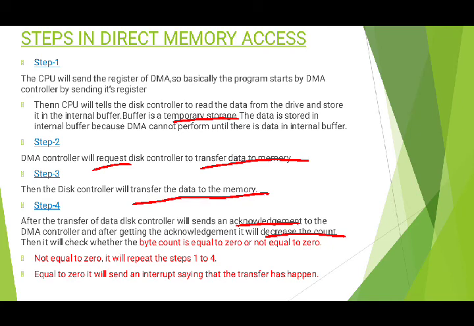Then it will check whether the byte count is equal to 0 or not equal to 0, and if it is equal to 0, then it will send an interrupt saying that the transfer has happened. And if it is not equal to 0, step 1, step 2, step 3 and step 4 will repeat.